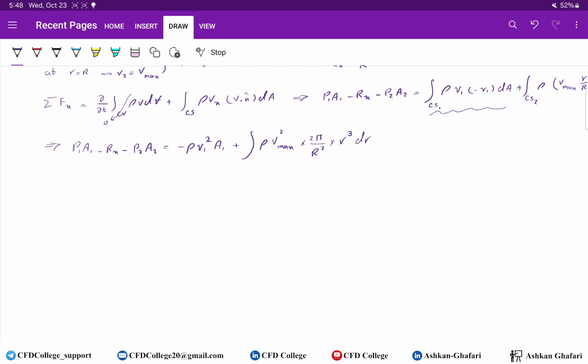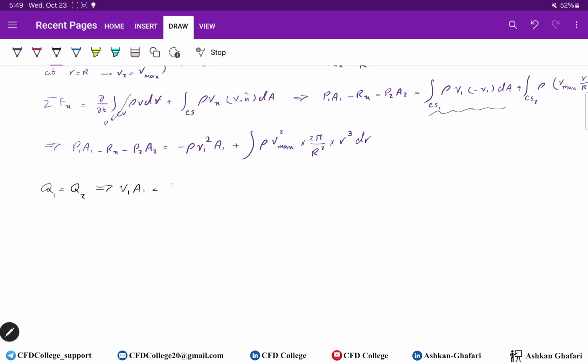And now we want to find Vmax because we need it. How should we do it? We know that we have conservation of mass, so Q1 equals Q2. So Q1 equals V1 A1.